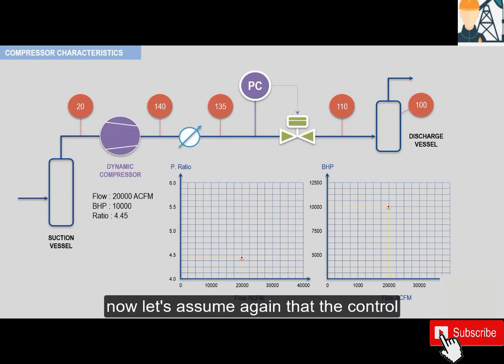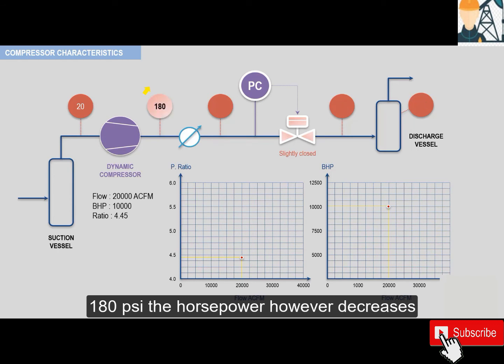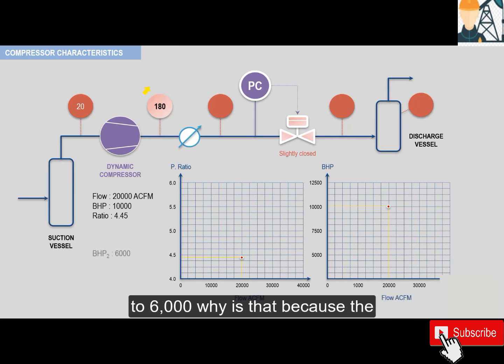Now let's assume again that the control valve in the discharge process system is closed slightly. This action causes the compressor discharge pressure to rise to 180 psi. The horsepower, however, decreases to 6,000.